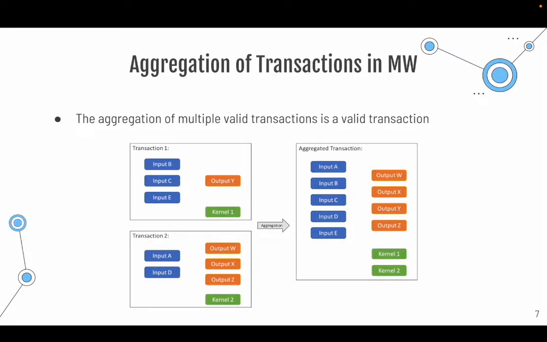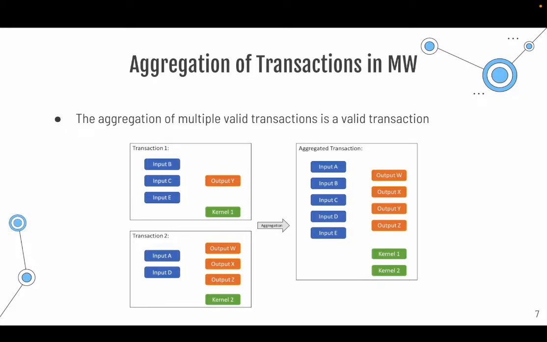So if we combine these two transactions, the total sum of commitments in both transactions will still be 0, which means that the aggregated transaction also has the necessary feature to be valid. And we can say the same thing about all the transactions in a block.